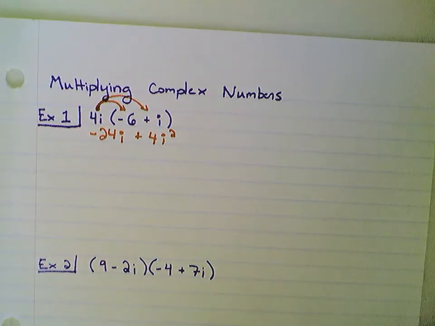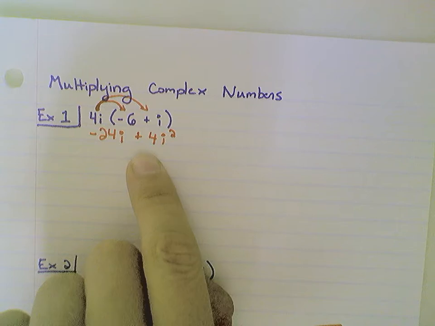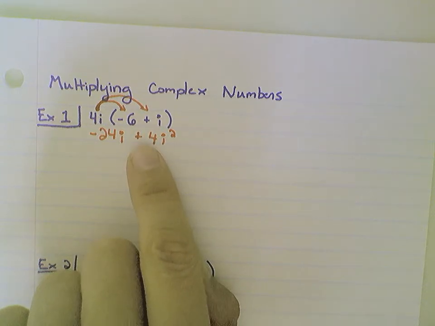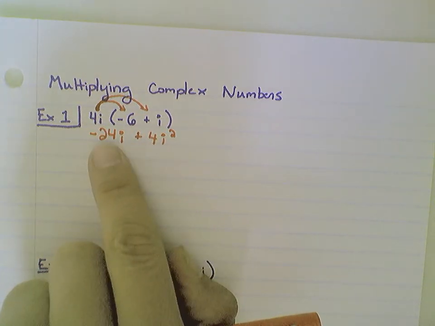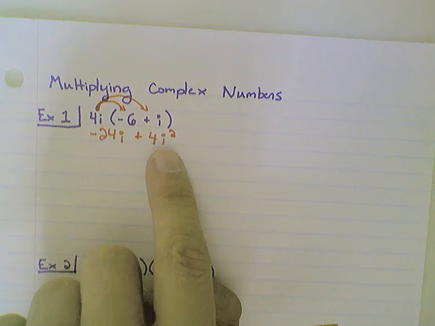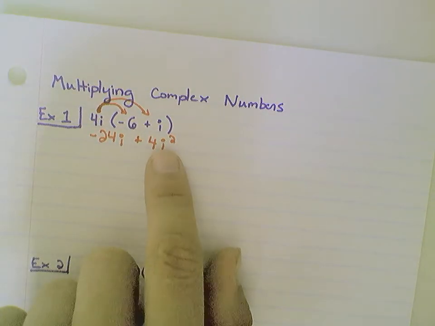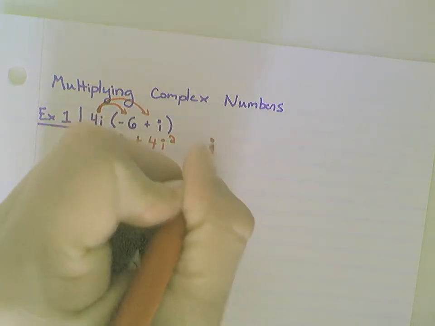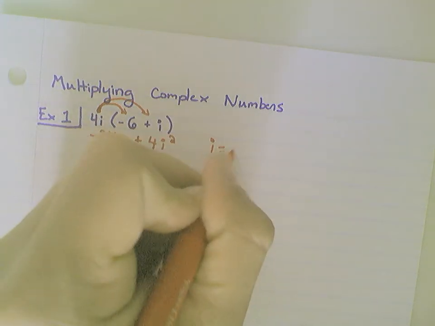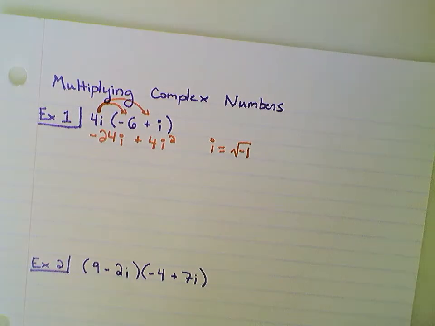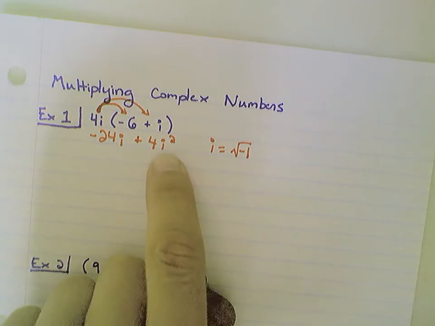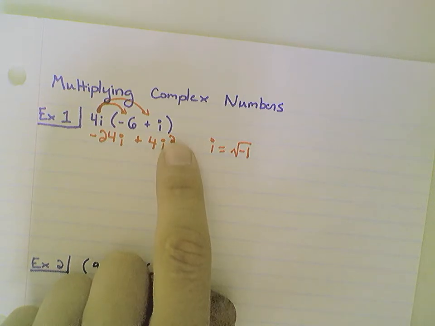squared. Now, some things to note with imaginary numbers is once we get to this point, we can't just stop like we would with regular variables. If you remember, the imaginary number i is really equal to the square root of negative 1. Now this is going to be important because if you look in this second term, you'll notice that i is being squared.